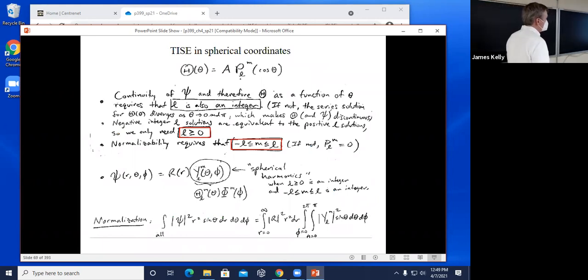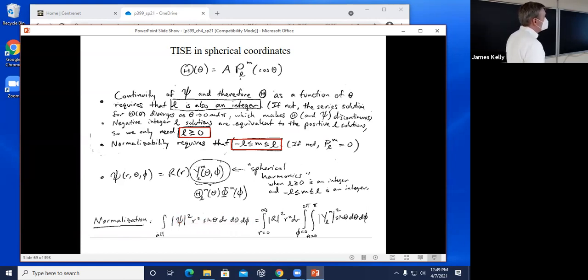Now, when we multiply all this stuff together, certainly at t equals 0, we're going to want to normalize. Once again, the normalization condition, if we were in Cartesian coordinates, would be the magnitude of psi squared as a function of x, y, and z times dx dy dz. But we have to put in the spherical coordinate volume element.